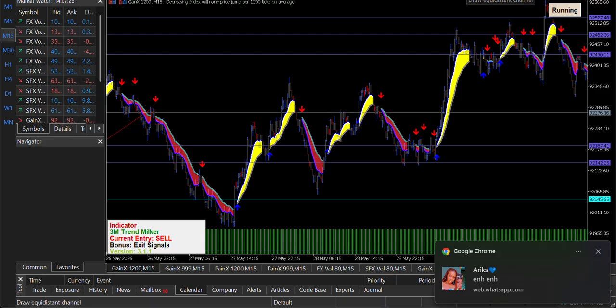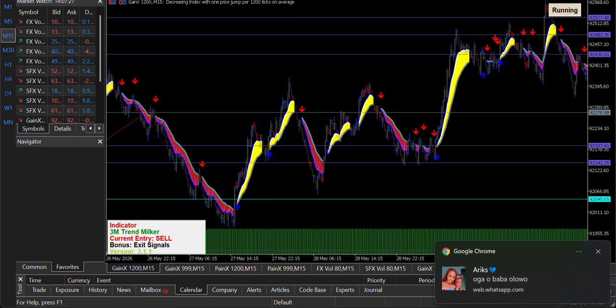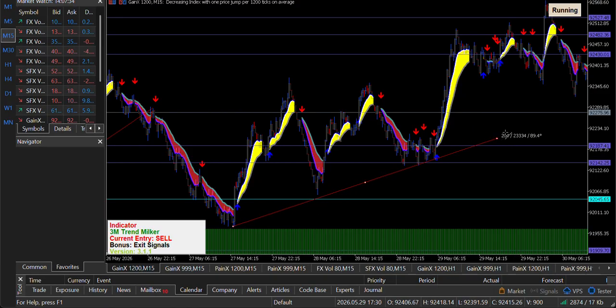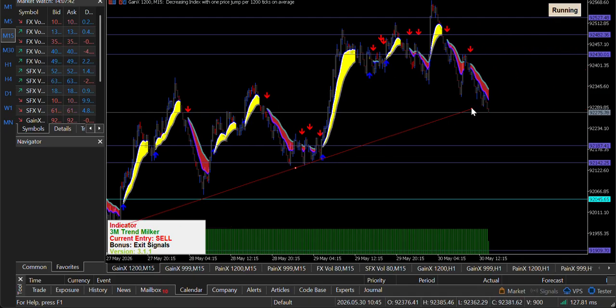And I'm going to prove this to you right now. So this is what I usually do when I am experiencing something like this, okay? I just try to draw out a trend line cutting across some major points around here so that when it gets there, I know what we are most likely to experience. Okay?